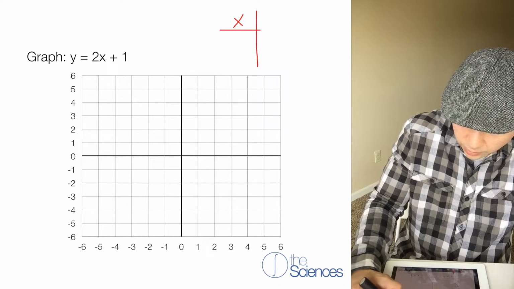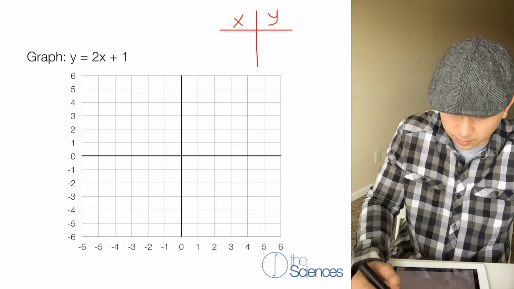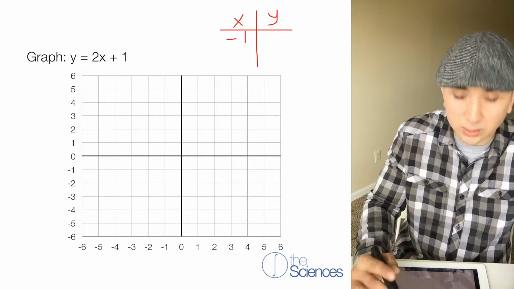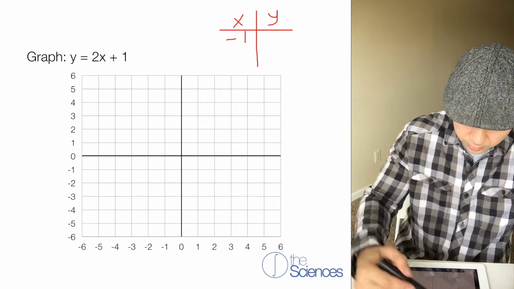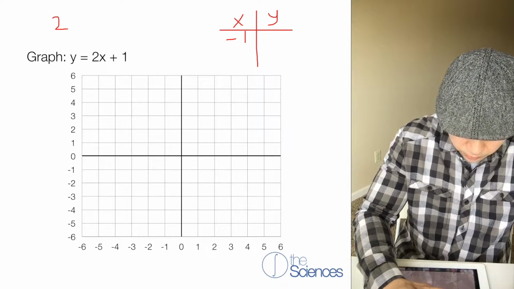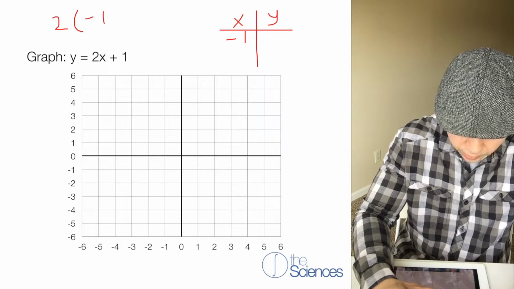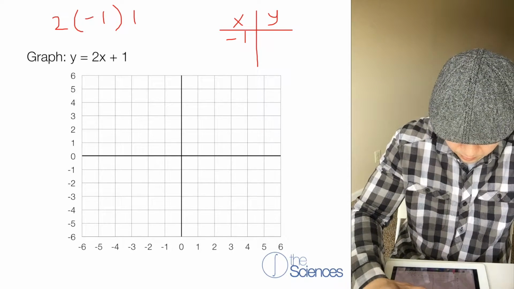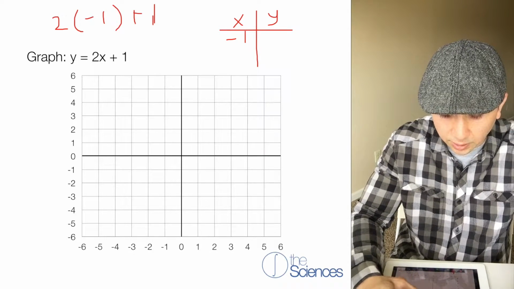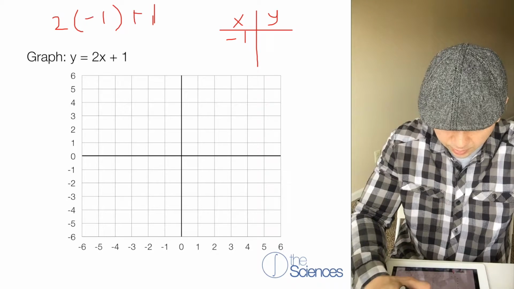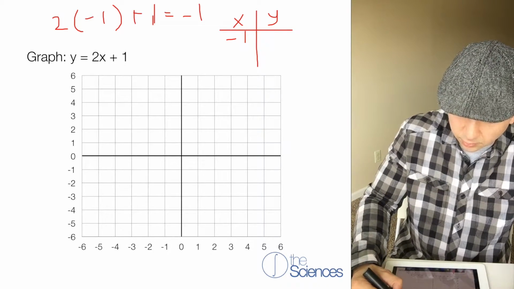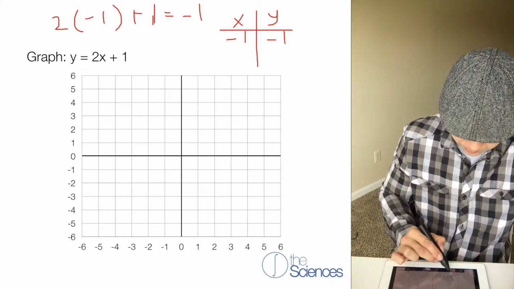So we're going to create a table of x and y. What would y be if x was -1? If x was -1, all we're going to do is substitute it into the equation. So 2 times -1 plus 1 equals -1. So y equals -1.